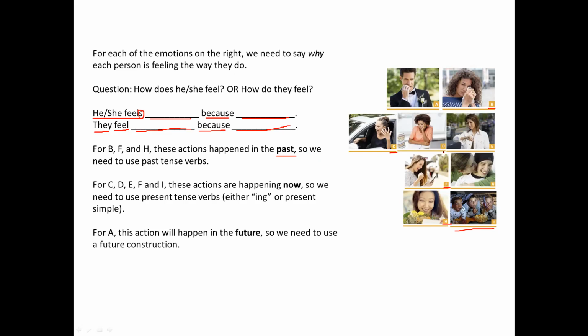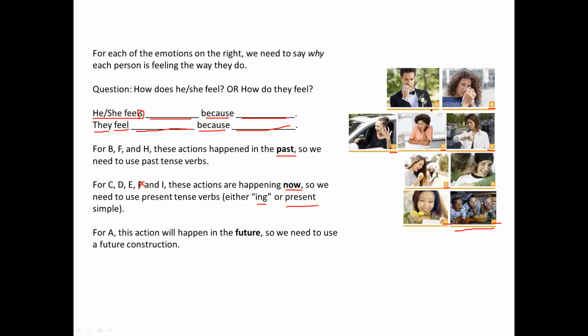For C, D, E, and I. These actions are happening right now. So we need to make a present sentence. Present tense. So it may be an ing or it may be just a simple present simple sentence.